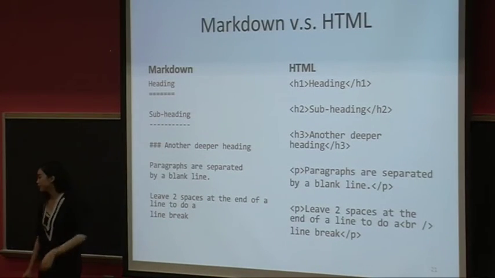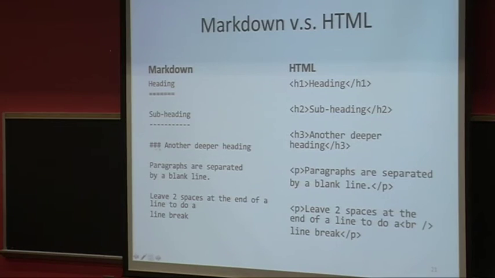Comparing them, for example, we start with the heading. In Markdown, the way a heading works is you write the heading and then put a bunch of equal signs underneath it. It doesn't even care how many equal signs you put. Then it knows this is the heading of the document. Then you can have a subheading, followed by a line of hyphens.